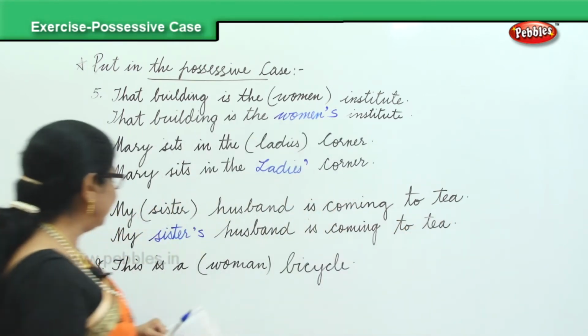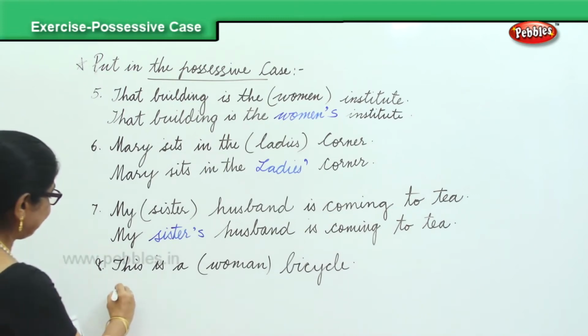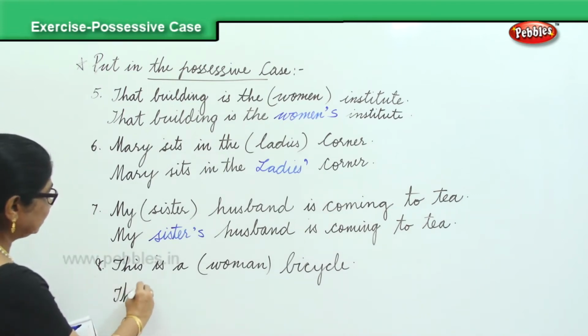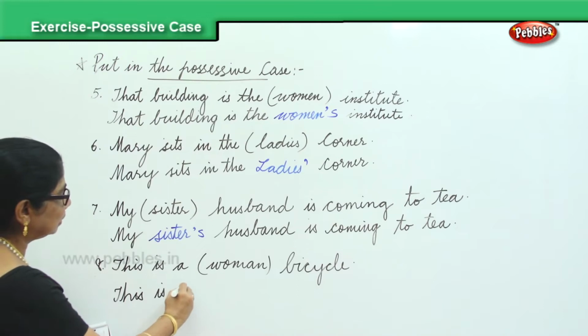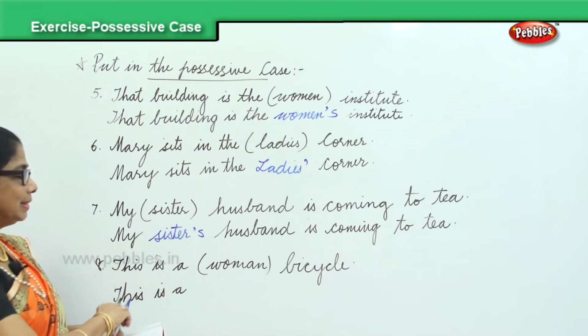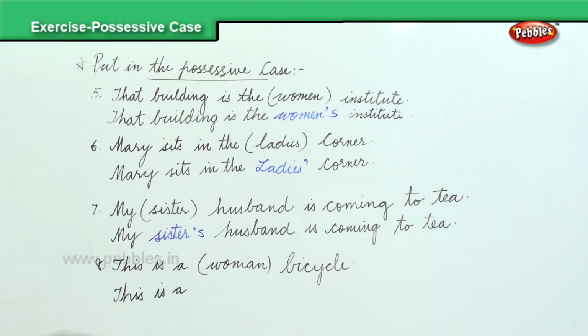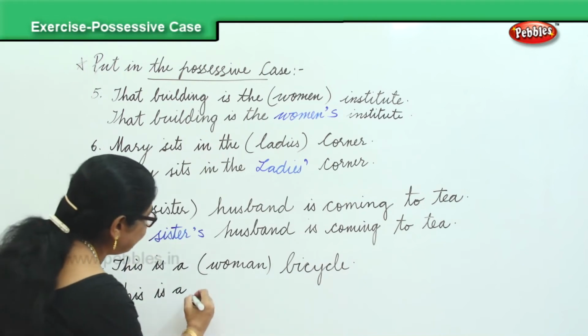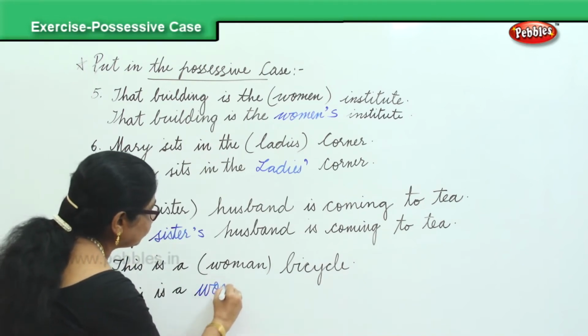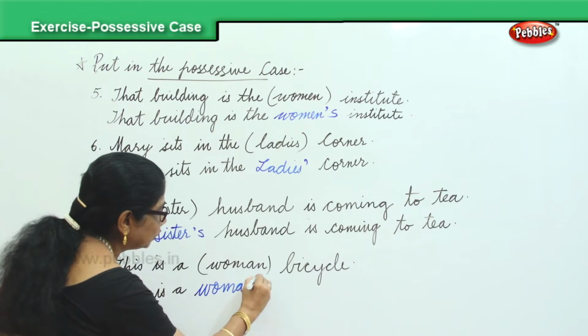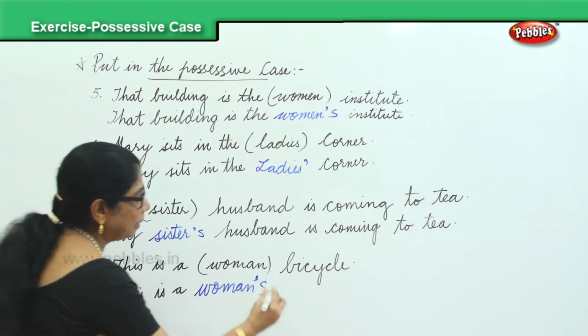And then we have this is a woman, singular it is. This is a woman's bicycle. Woman, apostrophe S, woman's bicycle.